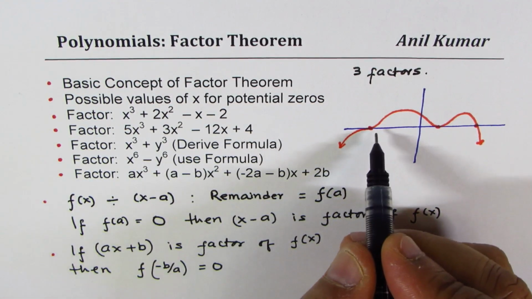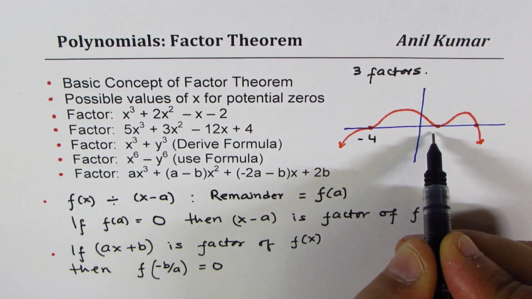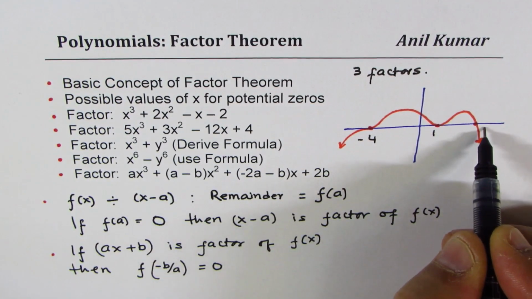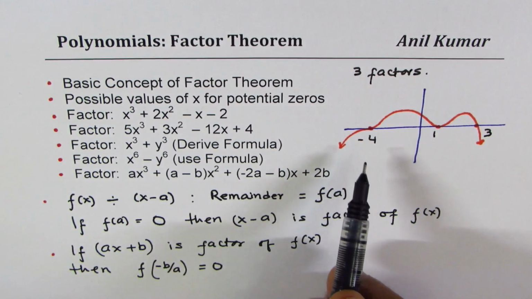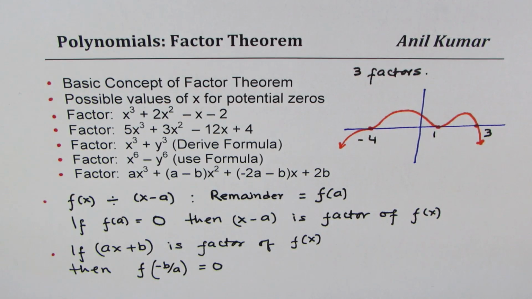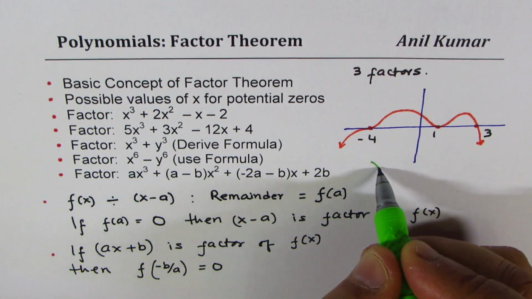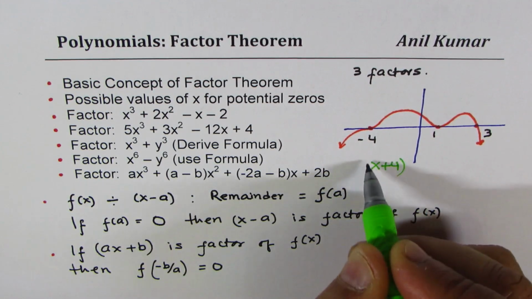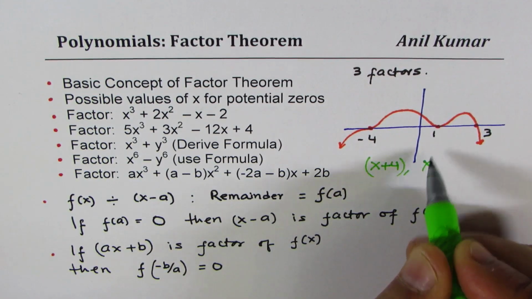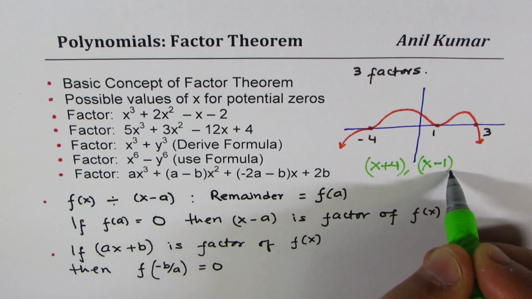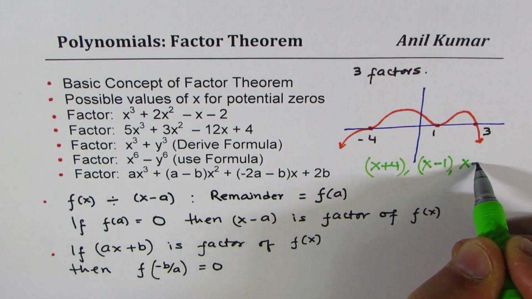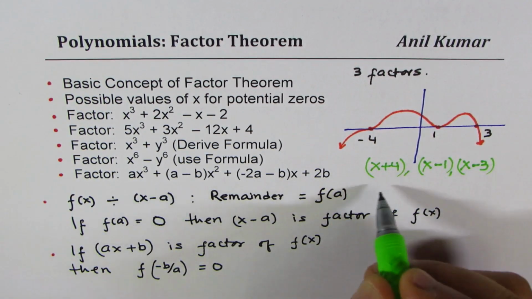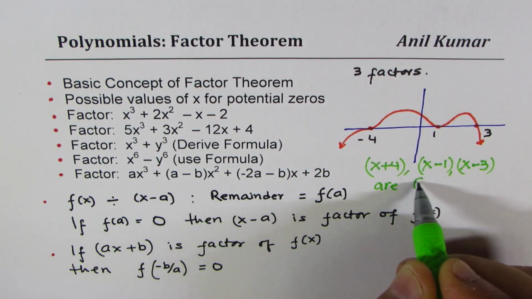Now if I know these points, let's say this point is minus 4, this is plus 1, and this is 3. In that case, we can write very clearly that x plus 4, x minus 1, and x minus 3 are factors.